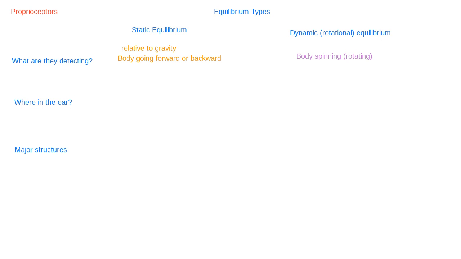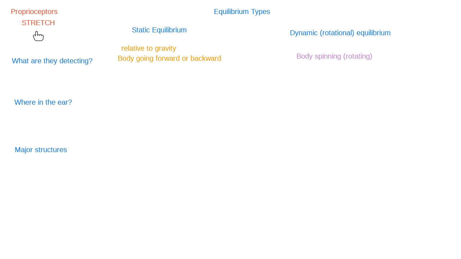Proprioceptors are receptors that detect stretching. I know we talked about stretching because we said that was a general sense. So in general, if you're trying to figure out if your whole body is going forward or backwards, or if your whole body is rotating, to know what's going on with your body, we use information from our proprioceptors, the stretch detectors, for what movements we're doing.